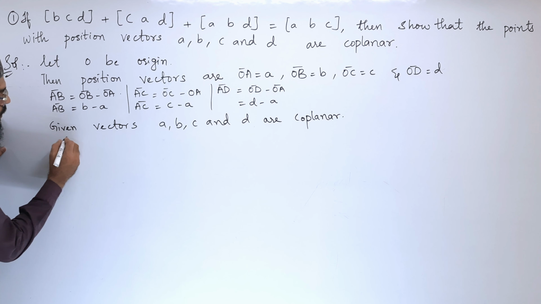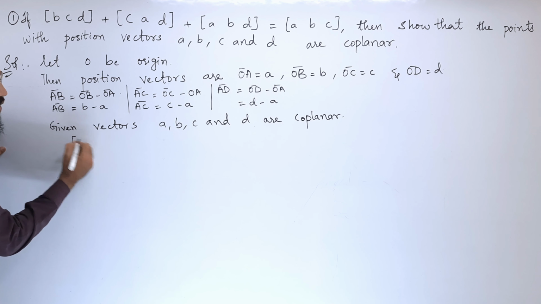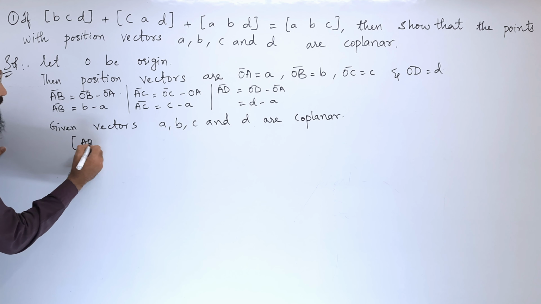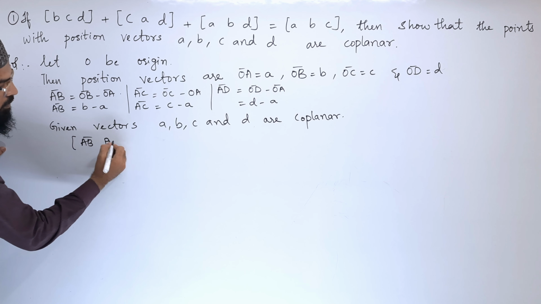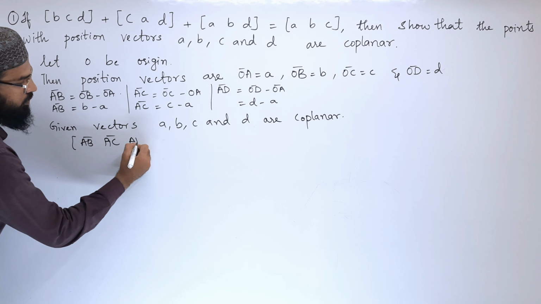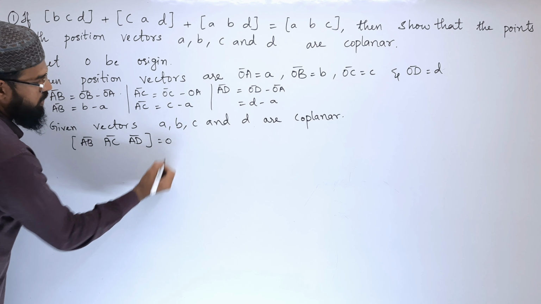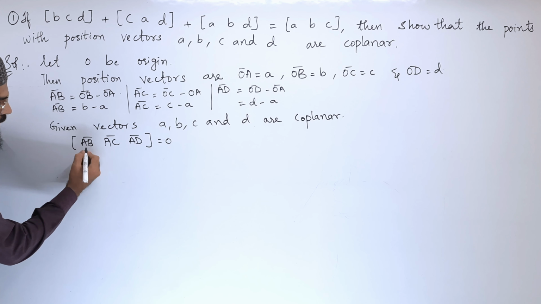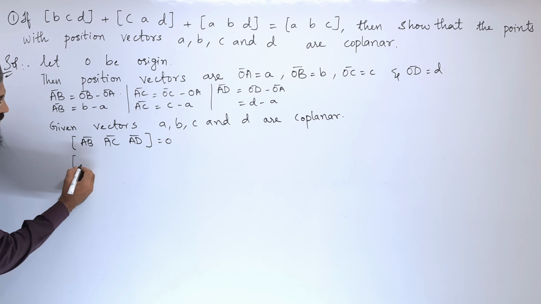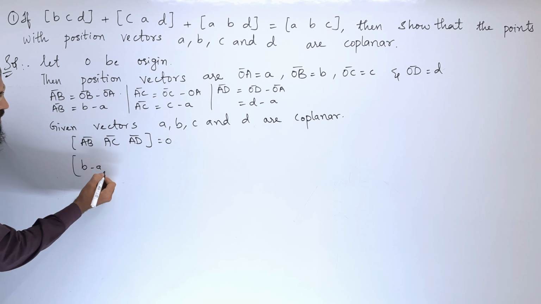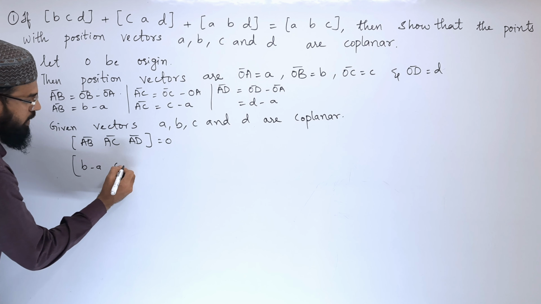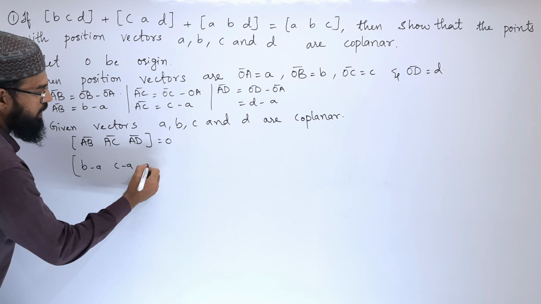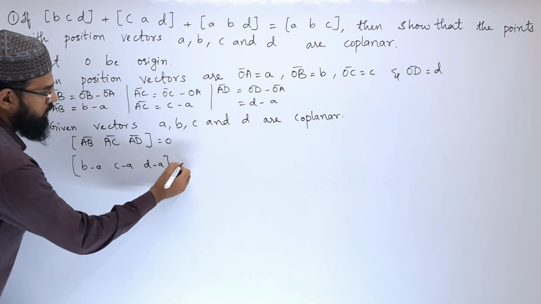That means the box product of AB, AC and AD is equal to 0. We can write this as B minus A, C minus A and D minus A is equal to 0.